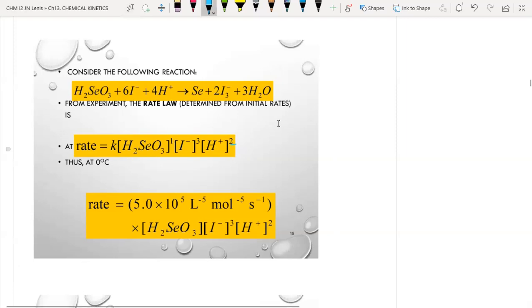Also, we can say the overall order of the reaction is 1 plus 3 plus 2.